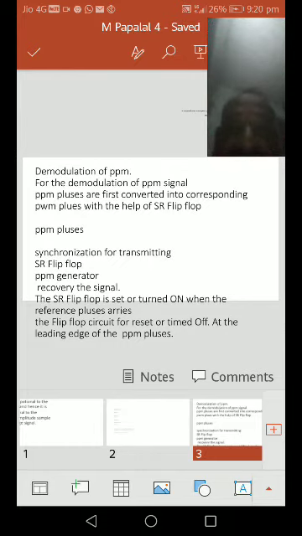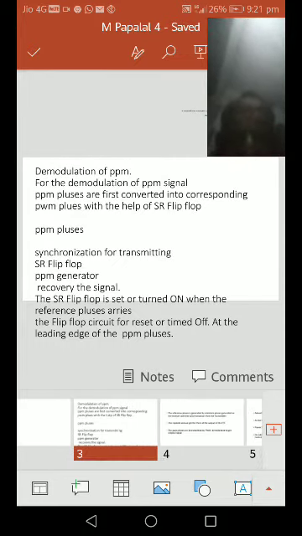In an SR flip-flop, S is the set input: when the 1 bit is transmitted, the flip-flop is turned on, and the output is obtained according to the reference pulses. If the flip-flop is given a reset, it is turned off and we get 0 volts. This corresponds to the leading edge of the pulse position modulation.